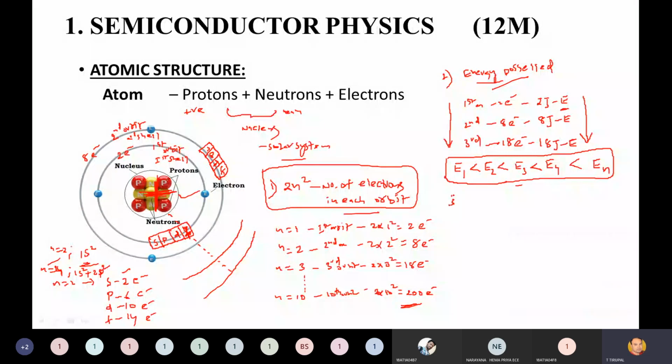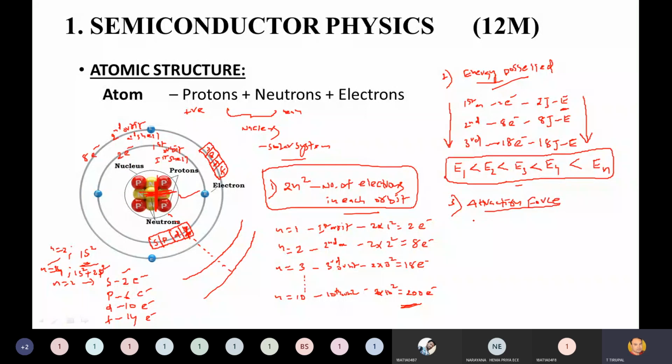Next, the third case: attraction forces. What is the attraction force of each orbit present in this atomic structure? For example, the first orbit.